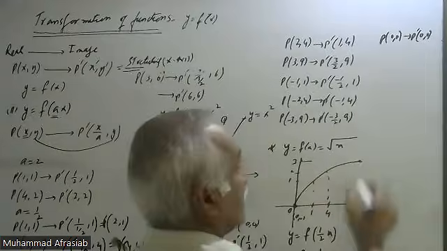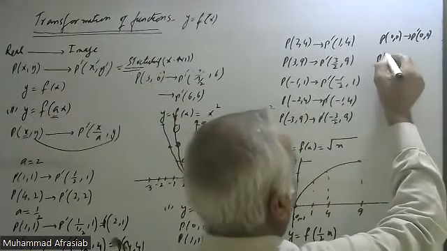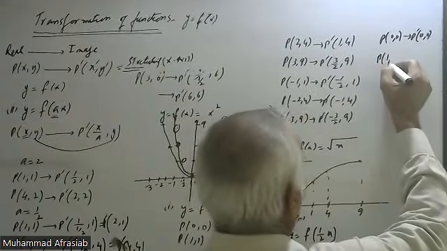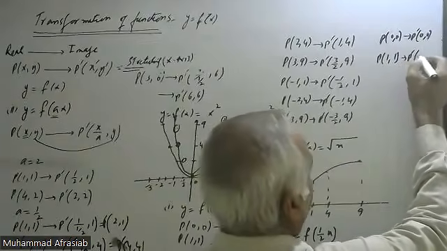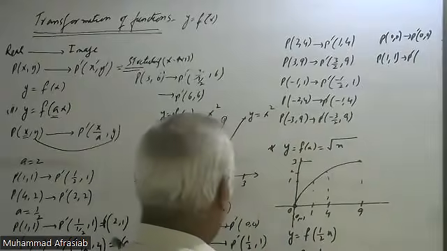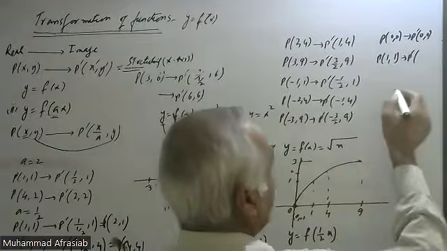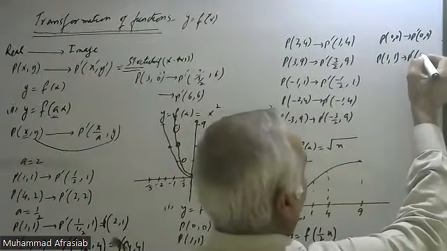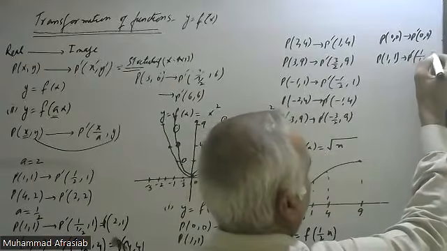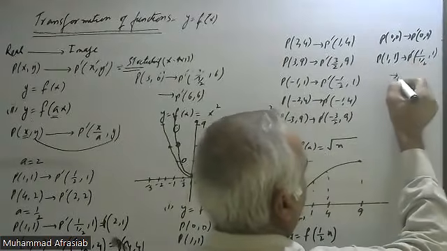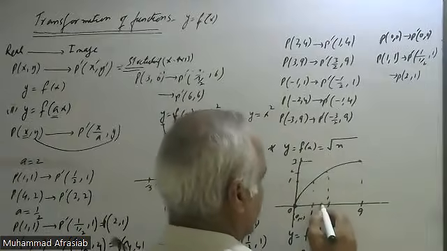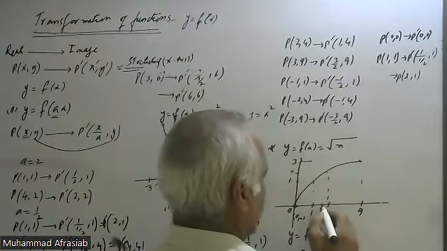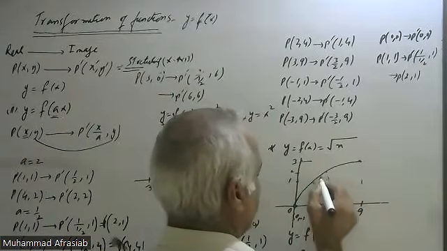Then for the point 1 and 1, the point P dash will be 1 over 1 by 2 and 1, which will become equal to 2 and 1 there. So if this position is 2, then it is going to be 1 at this point.